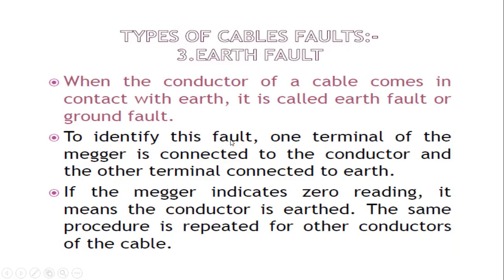To identify this type of earth fault, one terminal of the Megger is connected to the conductor and the other terminal is connected to the earth. In the previous case, the two terminals of the Megger were connected to two conductors. In this case, one terminal is connected to the conductor and the other to the earth.